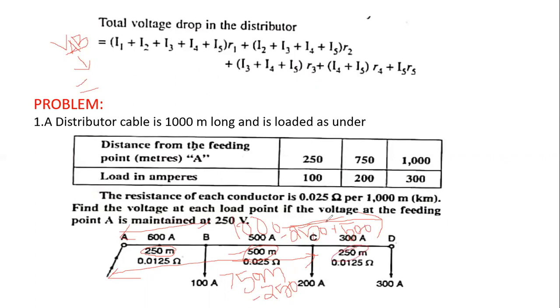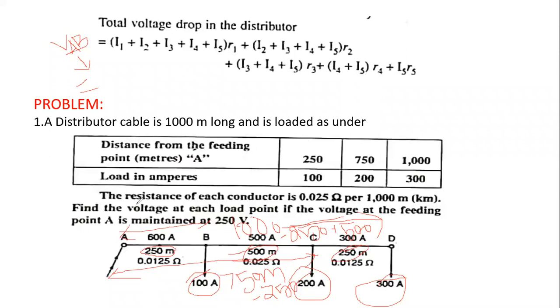This is the distance between the C to D points. And the load currents are 100 amperes, 200 amperes and 300 amperes. This is the diagrammatical representation for this table.